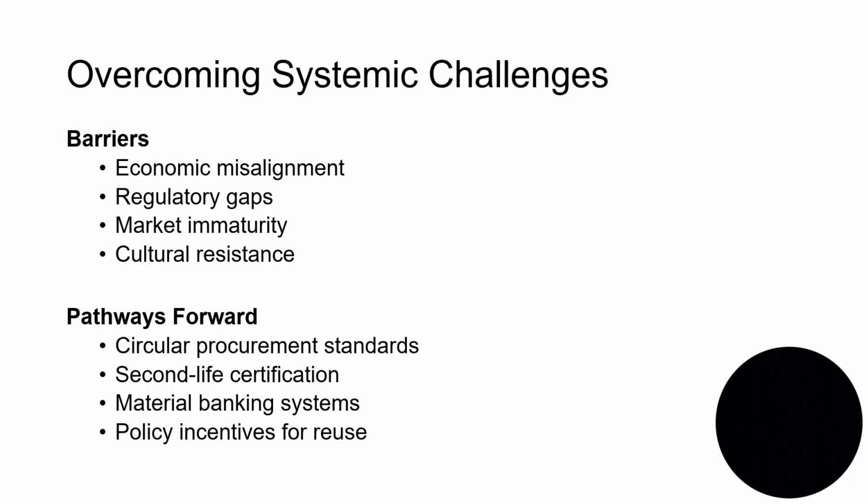And the final one is cultural resistance within the industry. Research has identified three critical pathways, which are developing circular procurement standards, creating second life certification protocols, and establishing material banks with guaranteed buyback schemes.